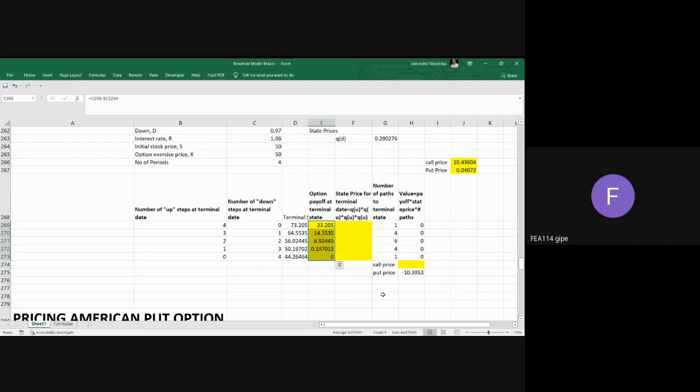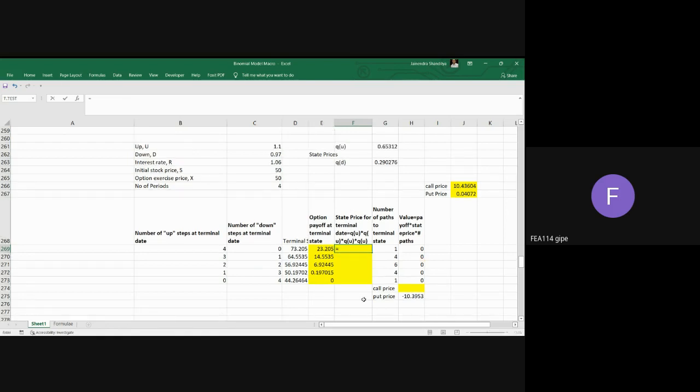Now the next thing that I need to do is the state price for the terminal date, which is QU into QU into QU into QU, or if there are down moves, QD, so then I have to use QD also. It's not possible that I just use QU. So what is QU? As you know, QU is 0.65, and this is going to be 4 times.